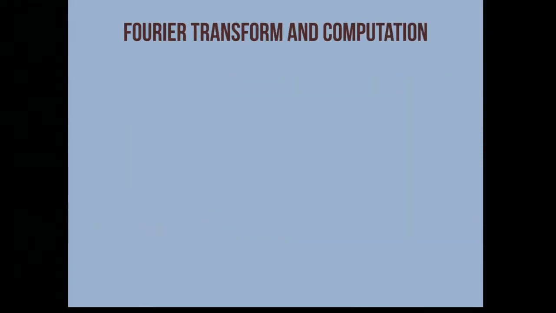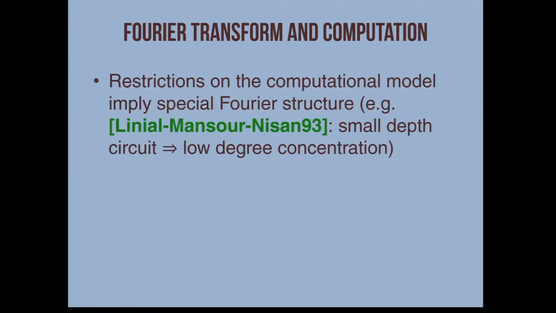That's probably known. The interaction between the Fourier transform and computation can actually go both ways. You can assume that the function has low complexity in a certain computation model, and then say facts about its Fourier structure. An example is the Linial-Mansour-Nisan paper, which says that any function computed by a small depth circuit has most of its Fourier weight on the low levels.